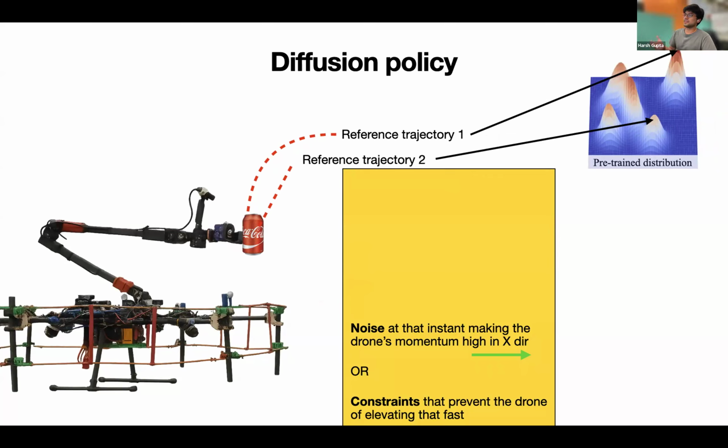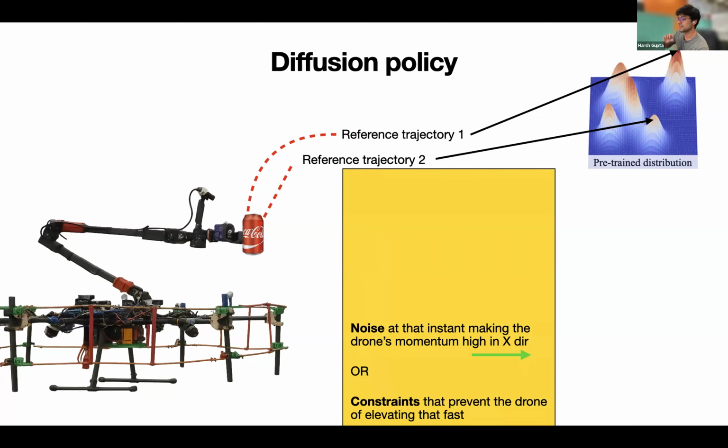There are definitely other modes of data that are more feasible for this exact embodiment to do, but we're just hoping for random luck that we maybe get reference trajectory 2 rather than reference trajectory 1. And I want to discuss, how can we get that reference trajectory 2 instead of reference trajectory 1?